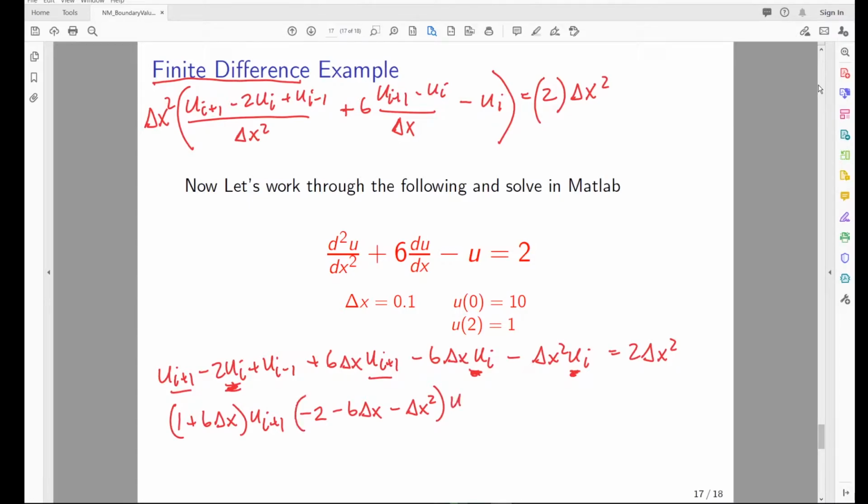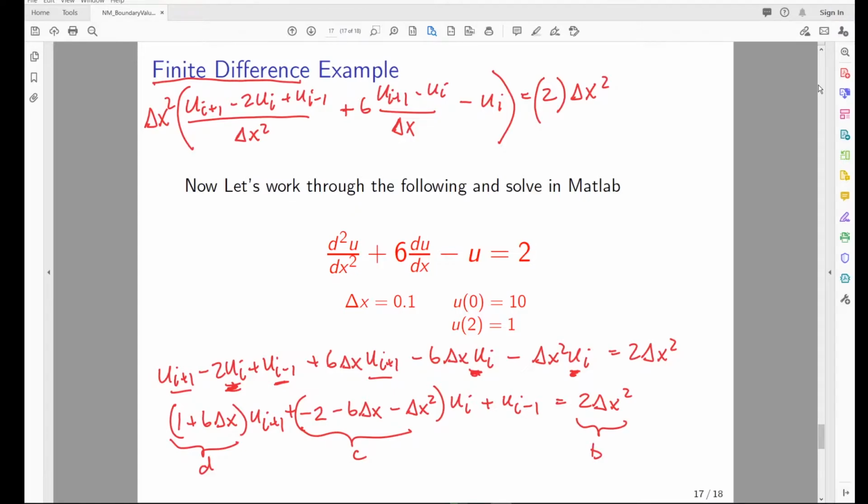This is all times ui. Okay, so this is a plus right there. And the one remaining one is this one right here, so we'll just do plus ui minus 1 equals everything on the right hand side, which is 2 delta x squared. Alright, we'll keep this one as our c, and then we'll define this one as maybe our d, and then we'll keep this one as our b.